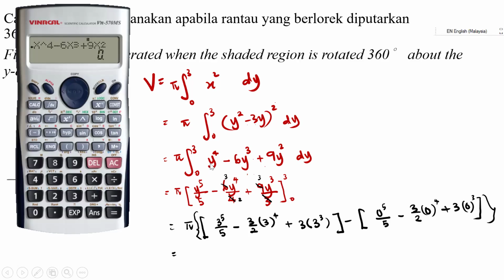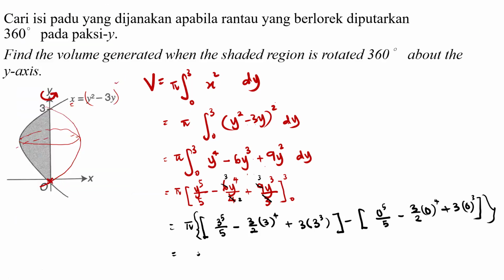Correct? Y to the power of 4 minus 6y cubed plus 9y squared. Okay, the lower boundary is 0, upper boundary is 3. It gives 8.1. So 8.1 pi unit cube. That's it. Is that your answer?